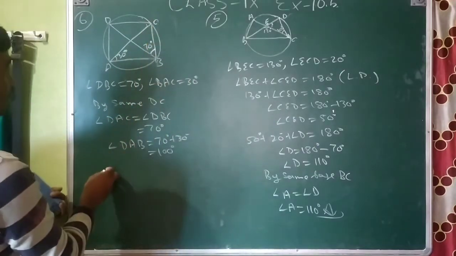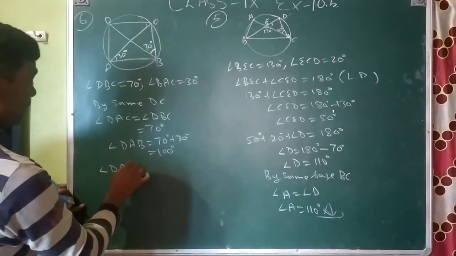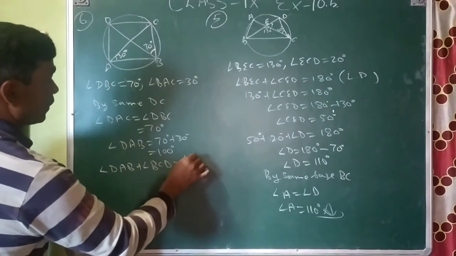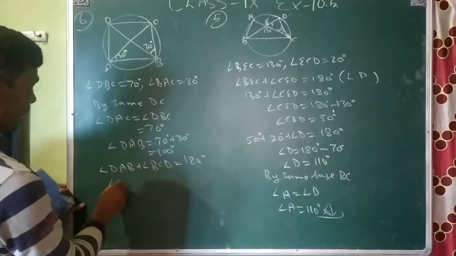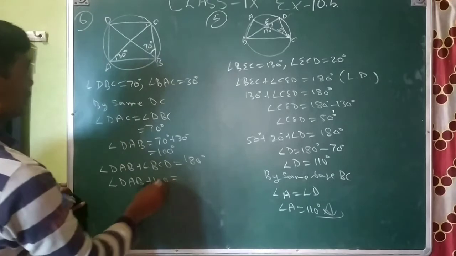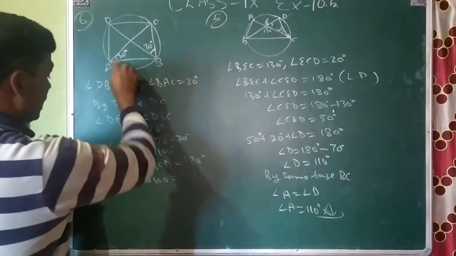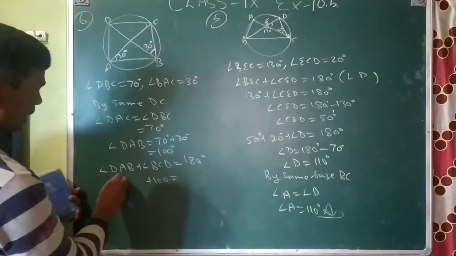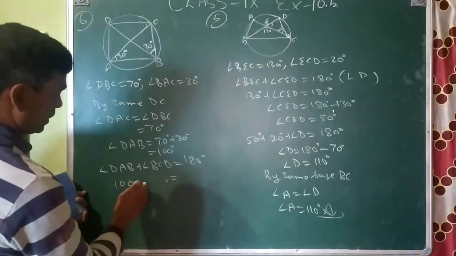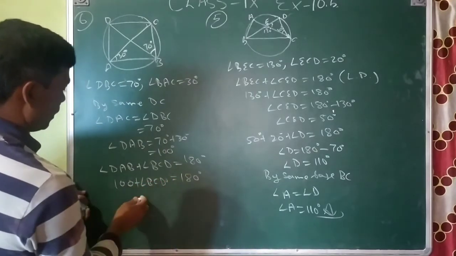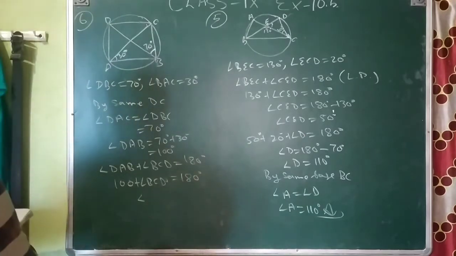That is cyclic, so angle DAB plus angle BCD is equal to 180 degrees. We found DAB here as 100, and then plus angle BCD is equal to 180 degrees.